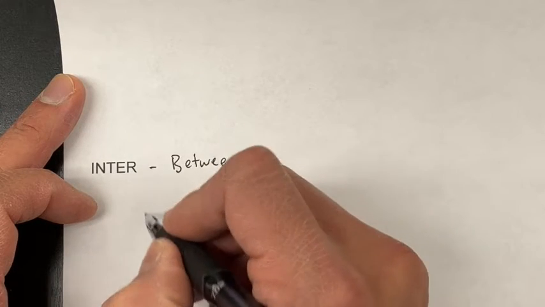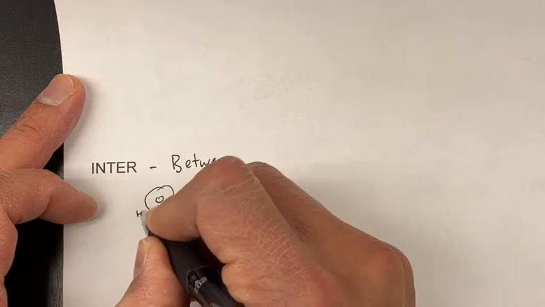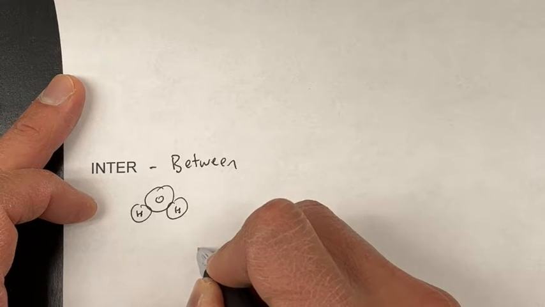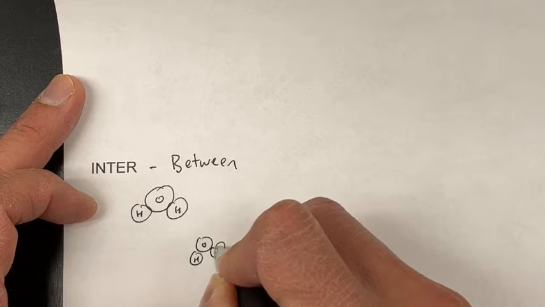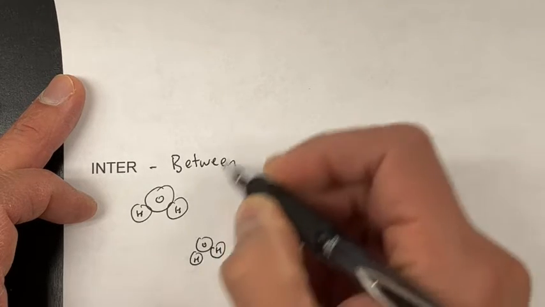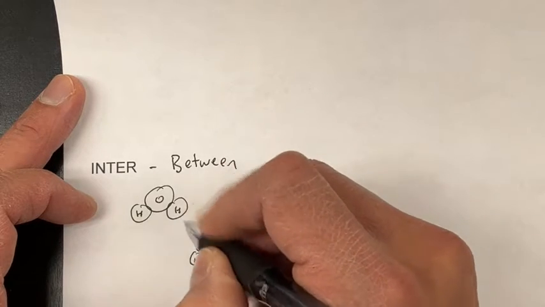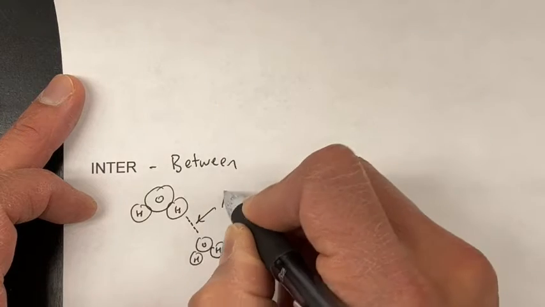If I have a water molecule, let's say for instance, oxygen and hydrogen, and this is my water, and I have another water molecule. Okay, so oxygen, hydrogen, and this here, between the molecules, this is my attraction.